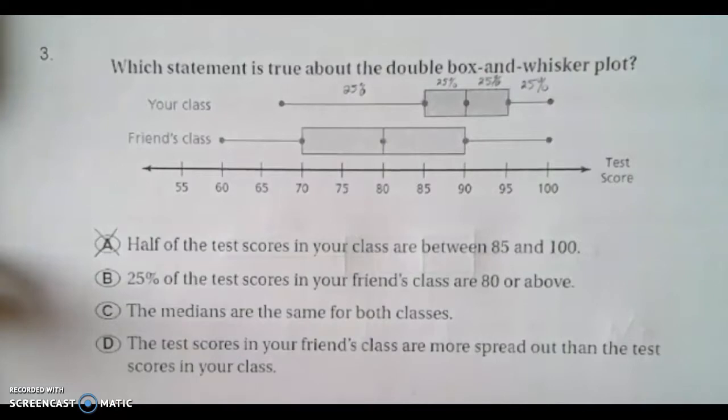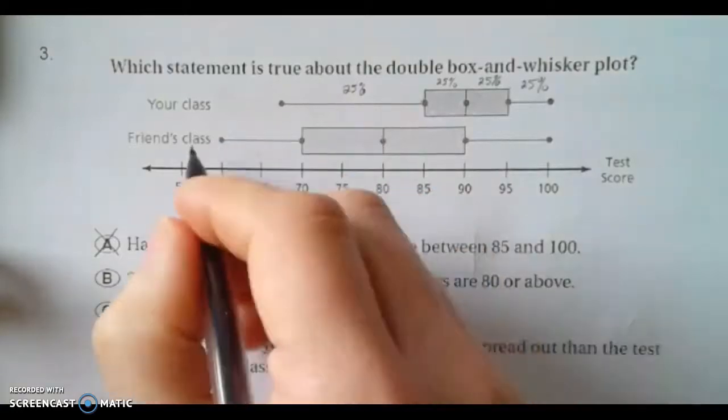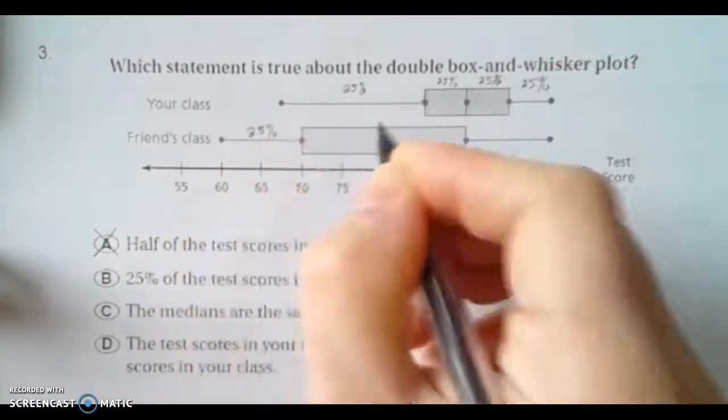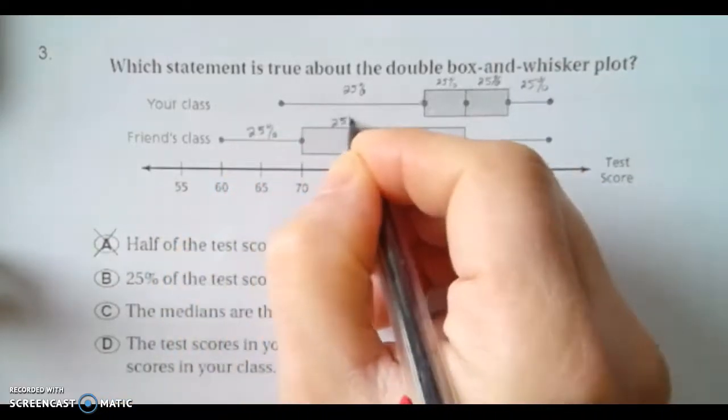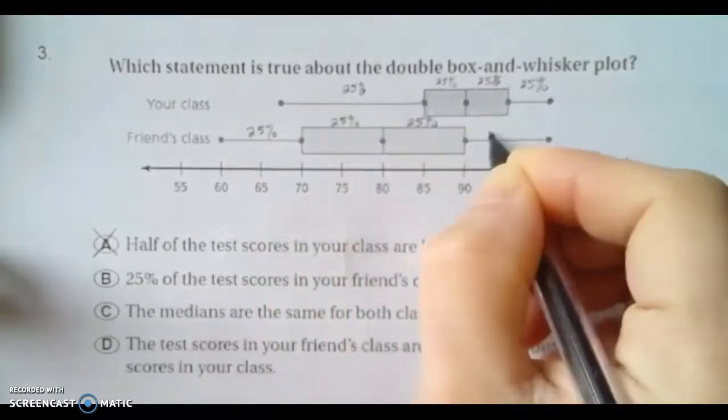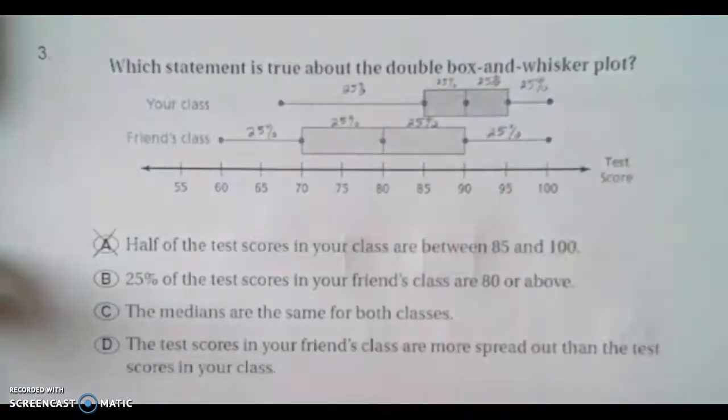B says that 25% of the test scores in your friend's class are 80 or above. We're going to do the same thing now for your friend's class. Remember, this is 25% of the data here, another 25% here, and here's the last 25% of the data.